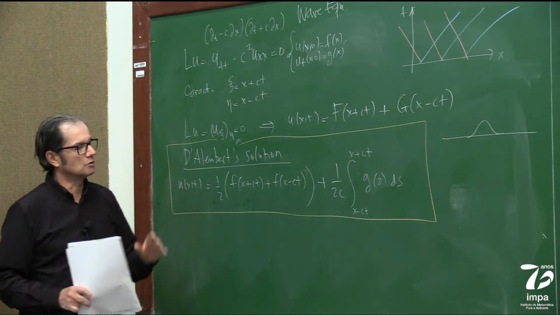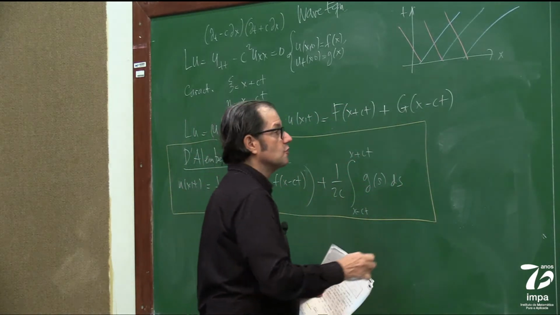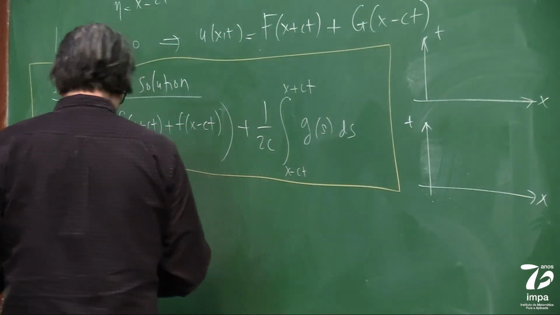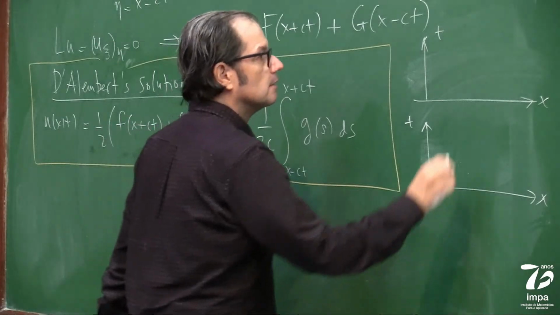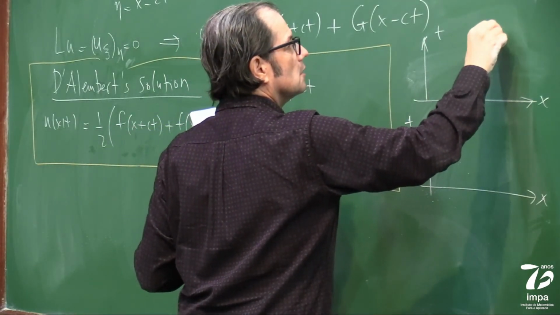Okay? Good. Now, let me erase this so I can use the space. Now let's look at two things of this problem, which are very important. So the first thing I want to ask is this. If I put a point here, I'm using the notation xt.